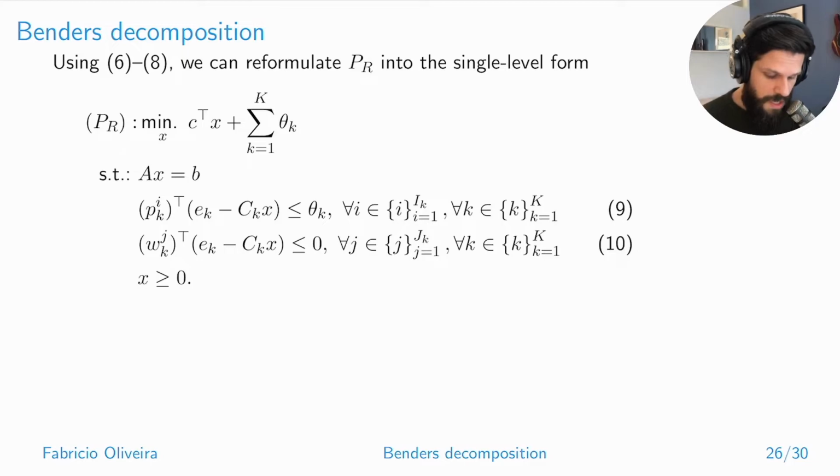I'll have for each subproblem k all its extreme points, and for each subproblem k all its extreme rays. By the way, we know that this is the same as this. I changed it here just because I ran out of space in my slide, so I reverted to a more compact notation. But it means the same thing.